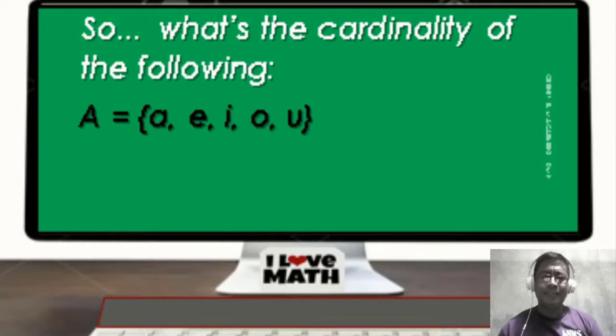For instance, set A is equal to A, E, I, O, U. As you can see, class, there are 5 elements in set A, which are A, E, I, O, U. So therefore, n of A is equal to 5. So take note of that.